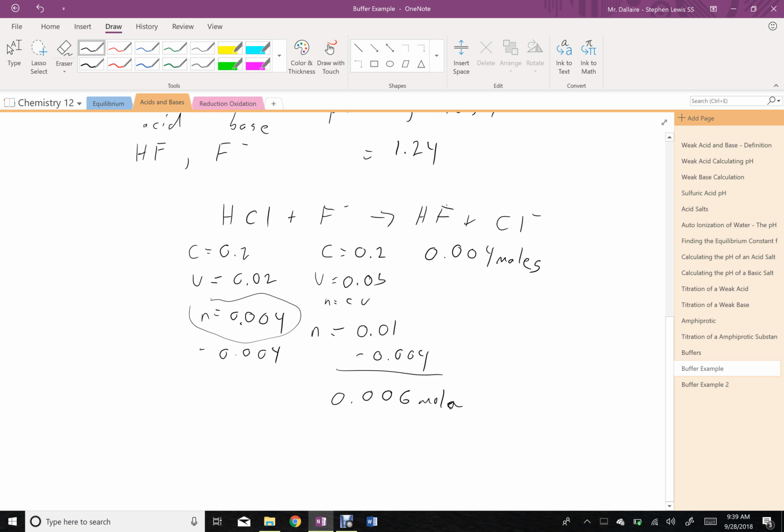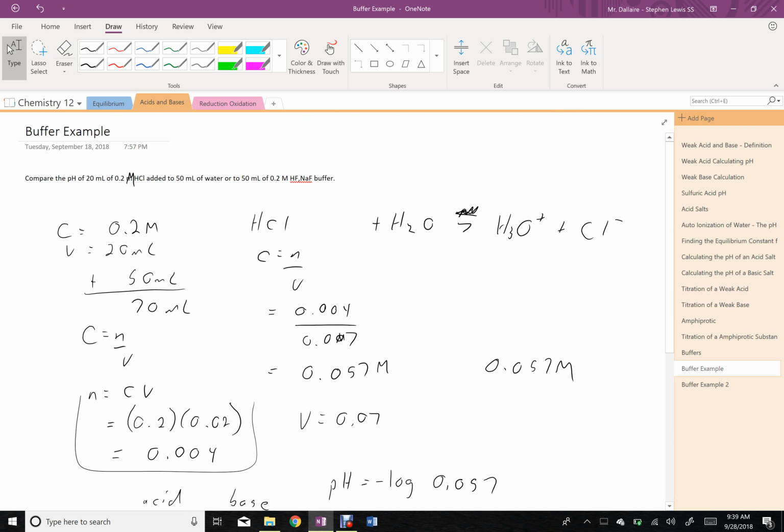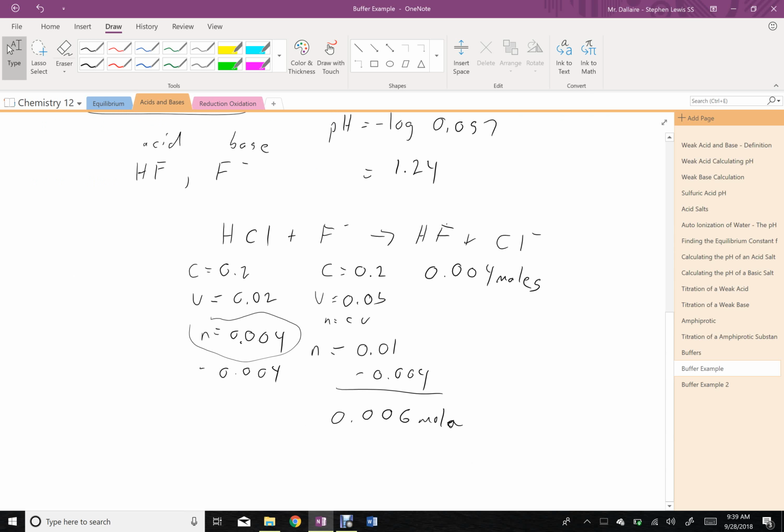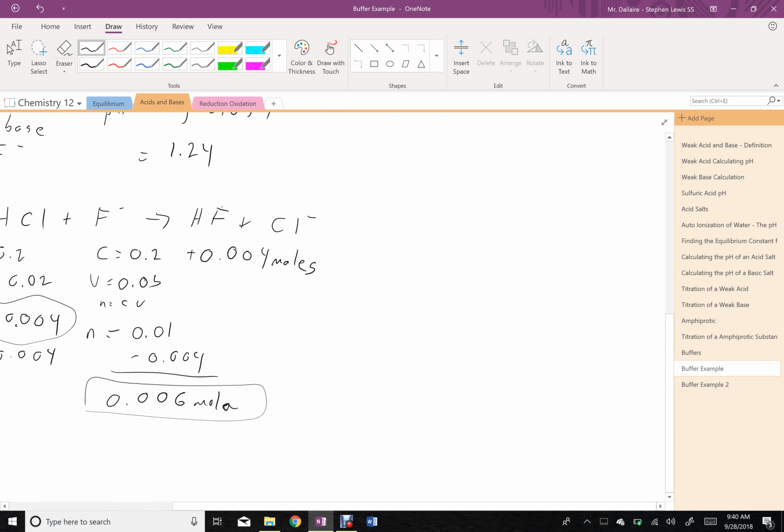Now to figure out what's actually going to happen to this equilibrium situation is a little bit tricky. We need to remember that because this is a buffer, it contained both HF and NaF before. So I need to figure out how much HF there was. Right now I'm down to 0.006 moles of F-, and I've created 0.004 moles of HF, but I need to figure out what my total amount of moles was.